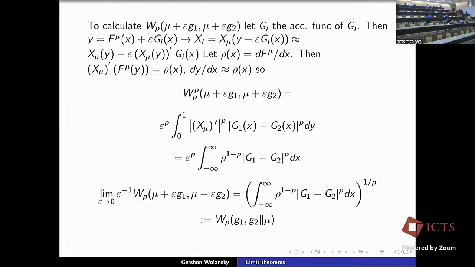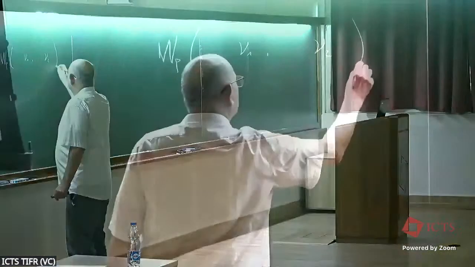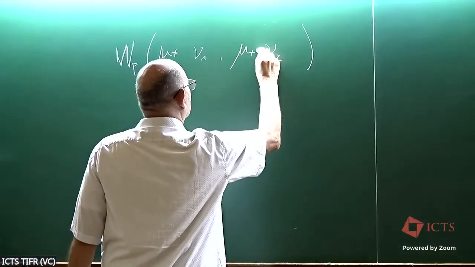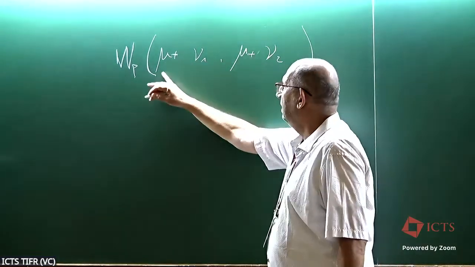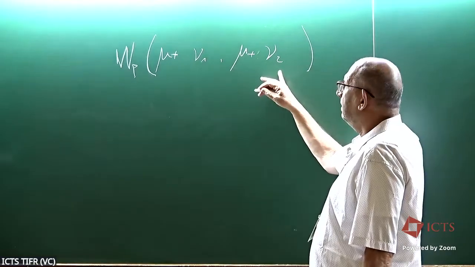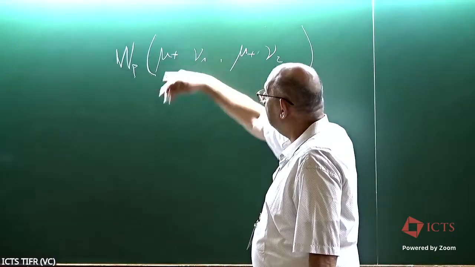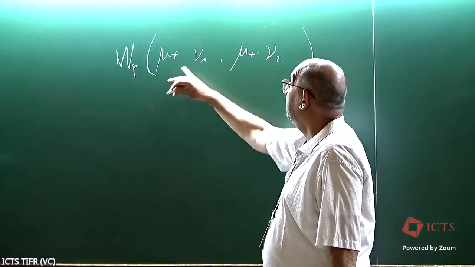When you have the Wasserstein P distance between two distributions, nu1 and nu2, and you add the same measure to both sides, you can observe that this will decrease the cost of transport. Why?